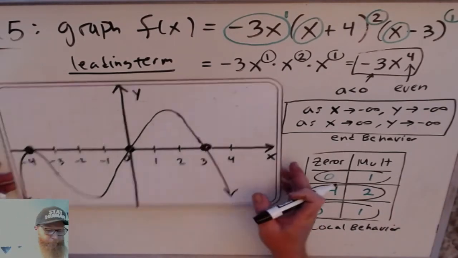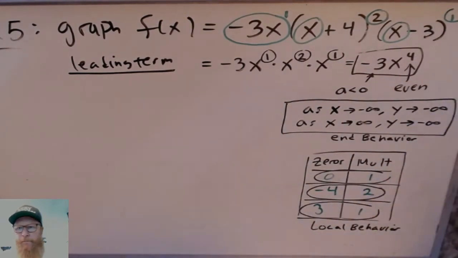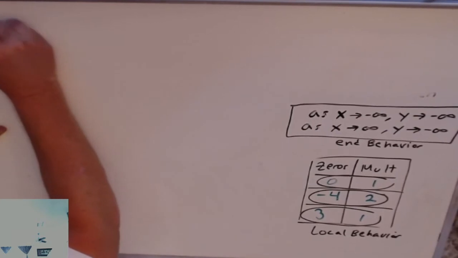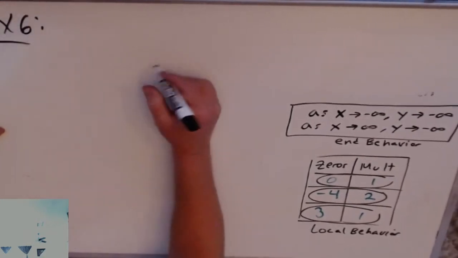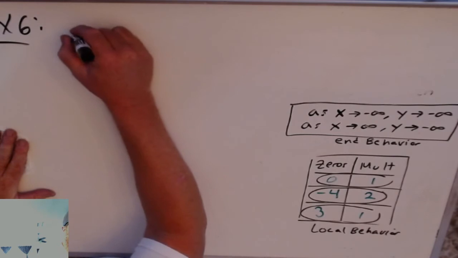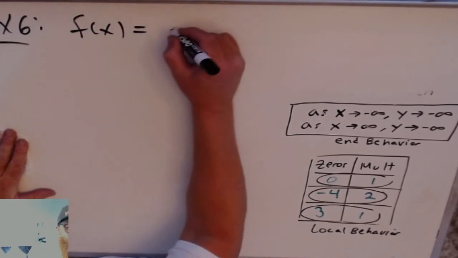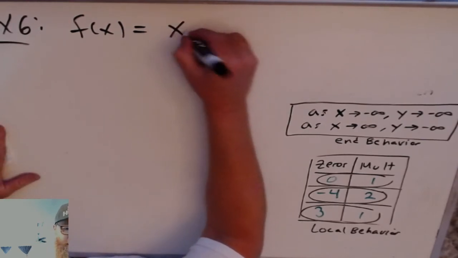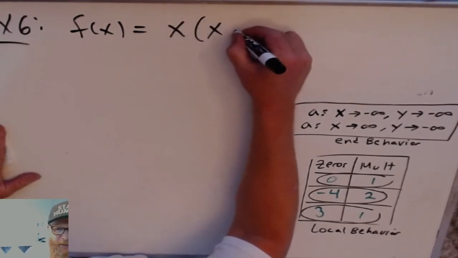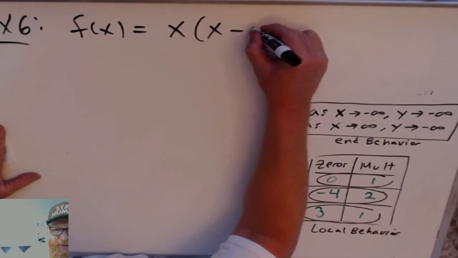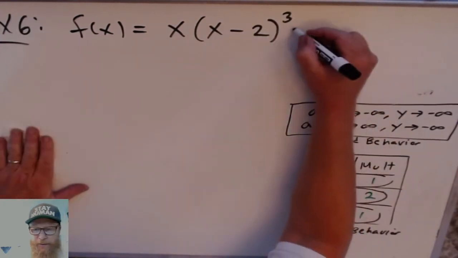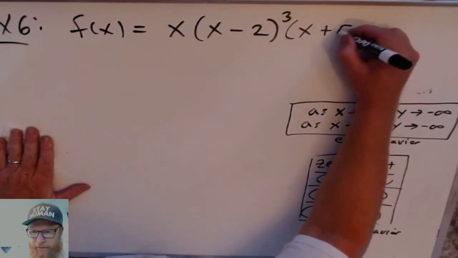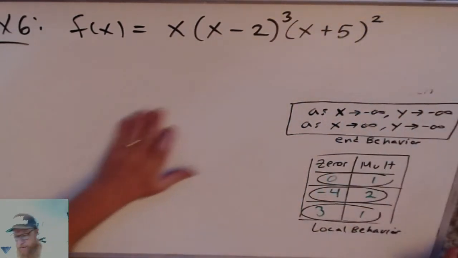Try another one. I don't know. Let's see. x times (x minus 2) cubed times (x plus 5) squared.